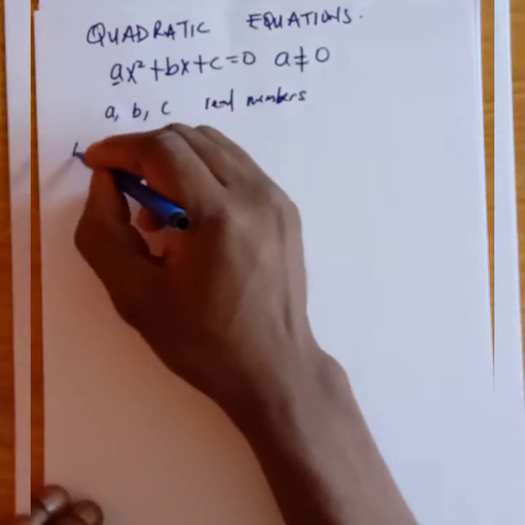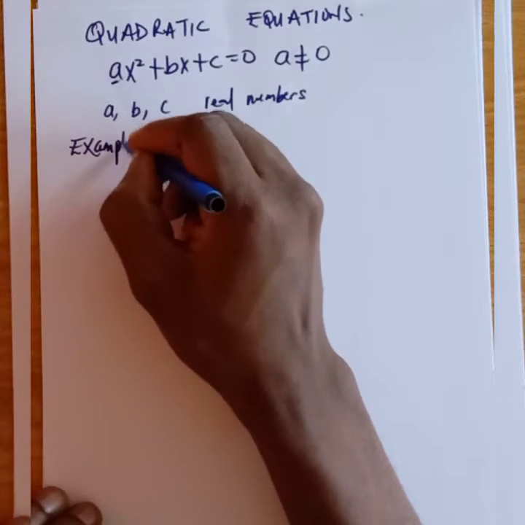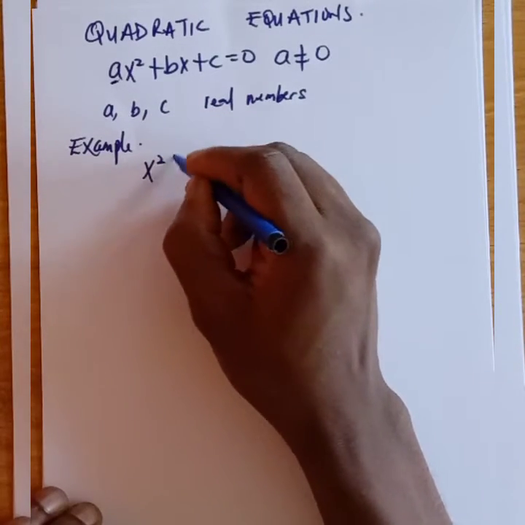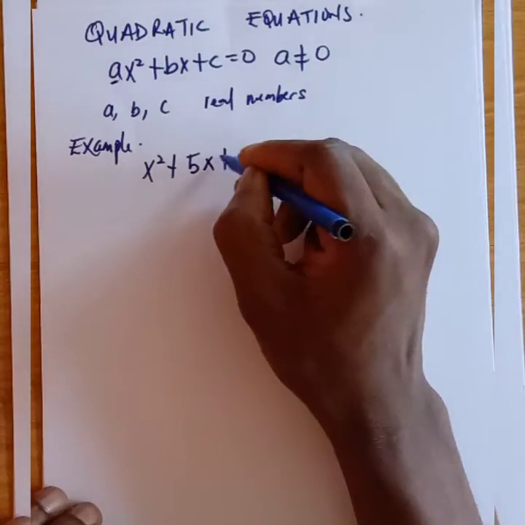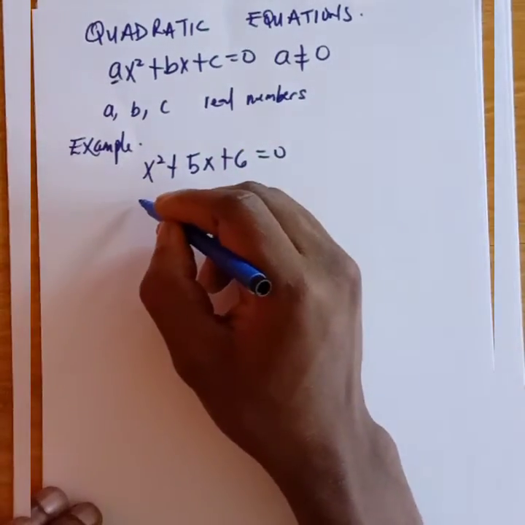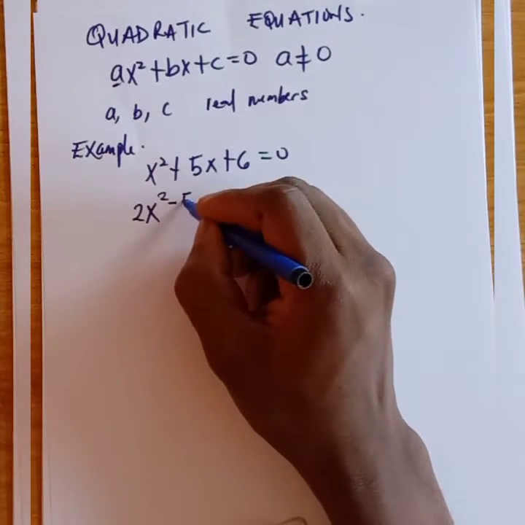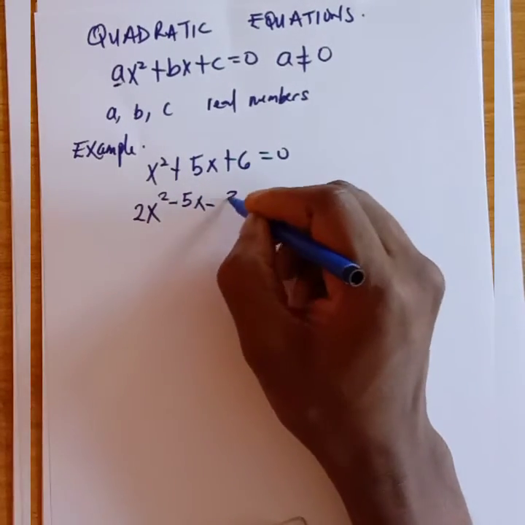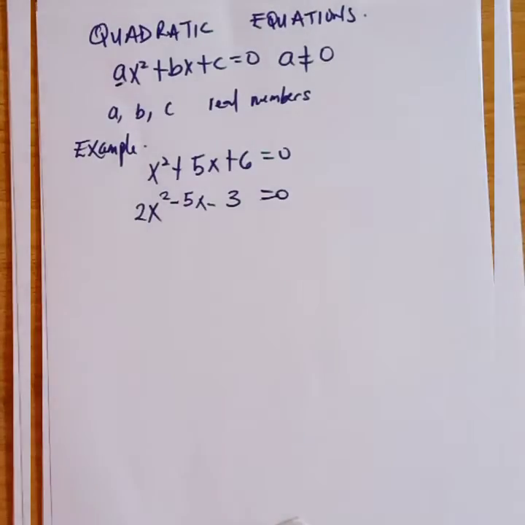Now, examples include x squared plus 5x plus 6 equals 0. I could have 2x squared minus 5x minus 3 equals 0.